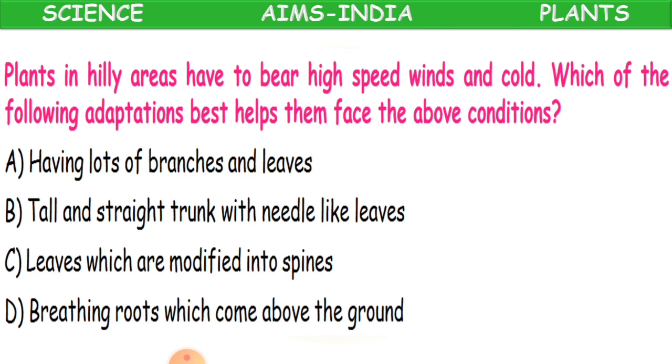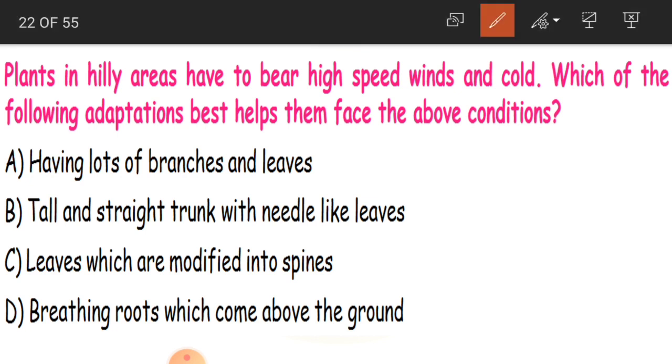Plants in hilly areas have to bear high speed winds and cold. Okay, plants in hilly areas have to bear high speed winds and cold, because hilly areas receive much cold and winds. Which of the following adaptations best helps them face the above conditions?